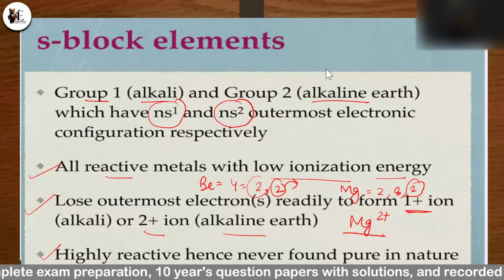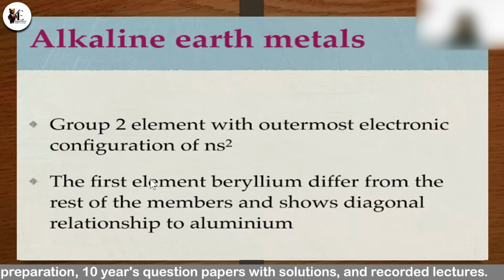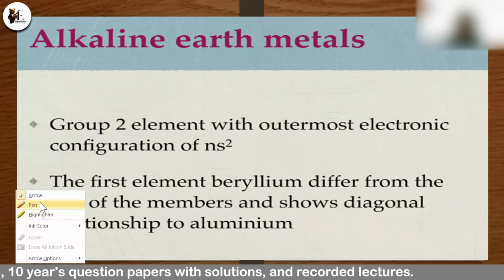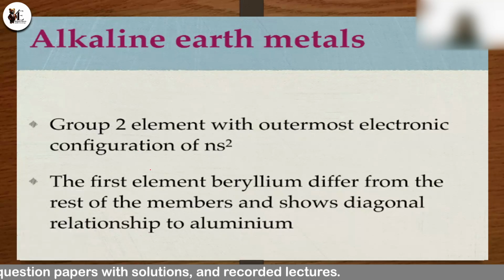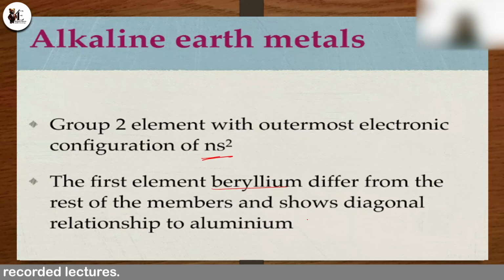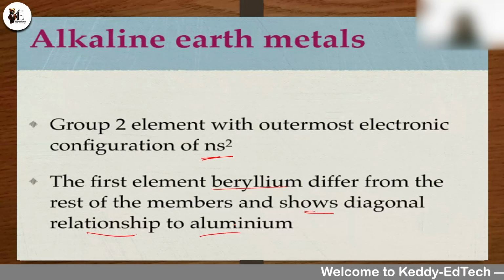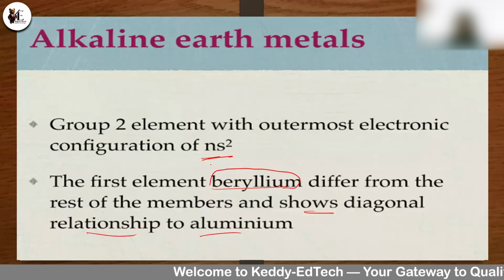So alkaline earth metals are your group 2 elements with the outermost electronic configuration of ns2. The first element, beryllium, differs from the rest of the members and shows a diagonal relationship to aluminium. Aluminium belongs to group 13. So this first element is not known as an alkaline earth metal.